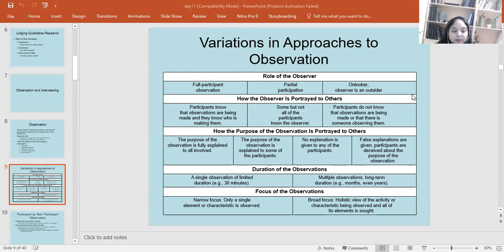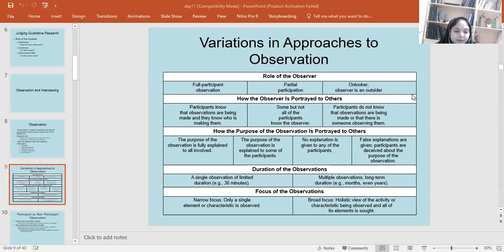In partial participation, you are there and to some extent you are with the respondent or part of the setting, but your major role is observer, not participant. So that is called partial participation.